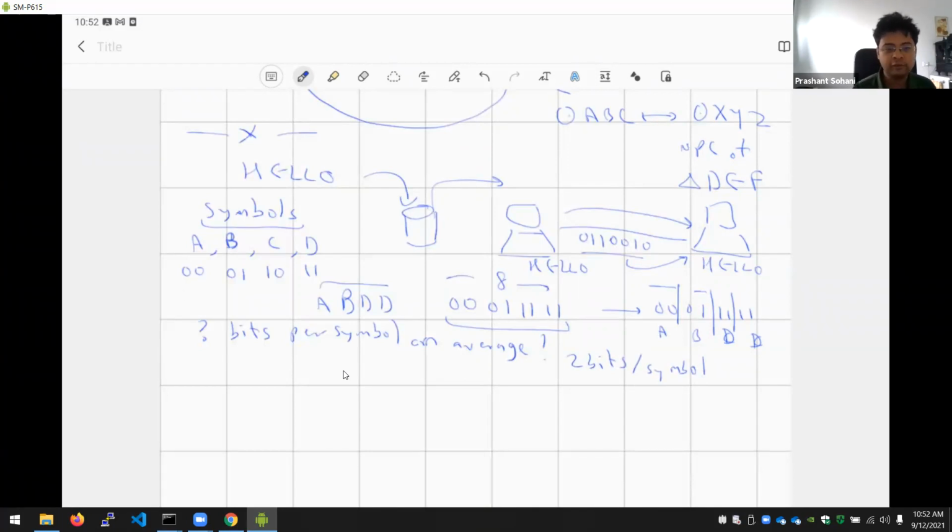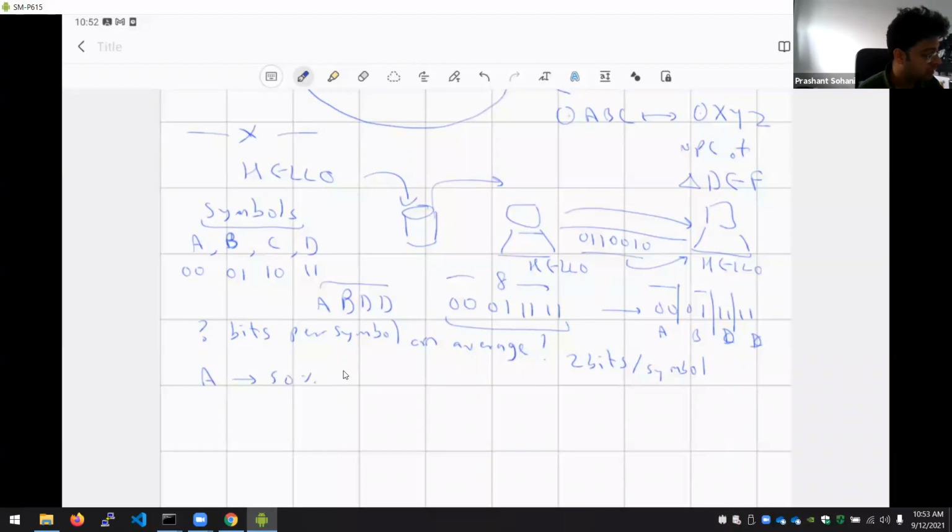So the whole question is, can we do something better? Can we do this more efficiently? For example, in the English language, we know the vowels are more frequent. Let's say even in this language, A appears more frequently. Normally any of 4 characters has only 25% chance of appearing, but let's say A occurs 50% of the time.